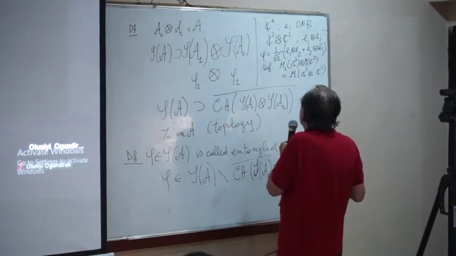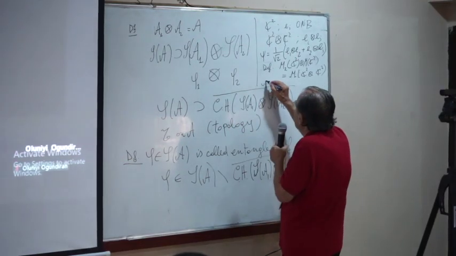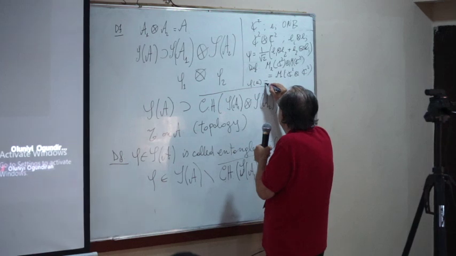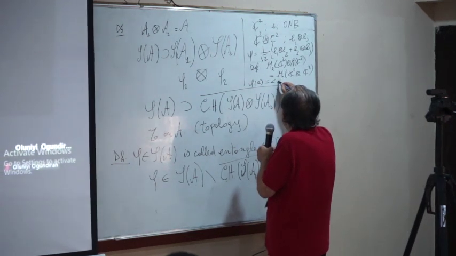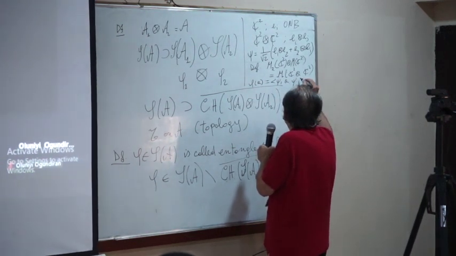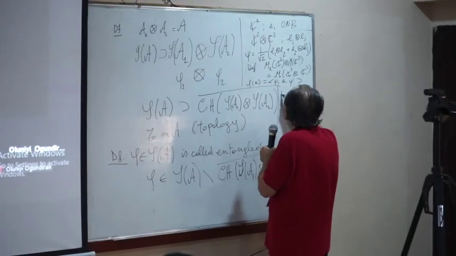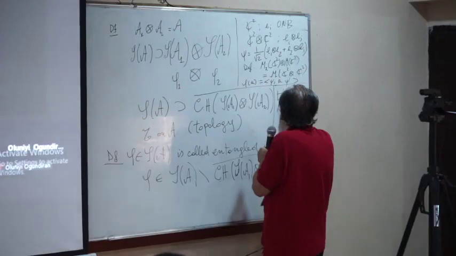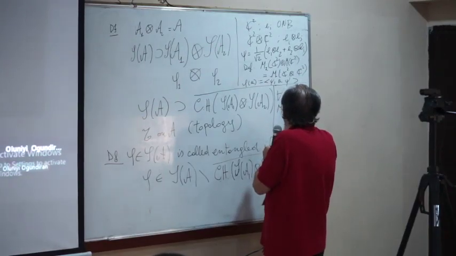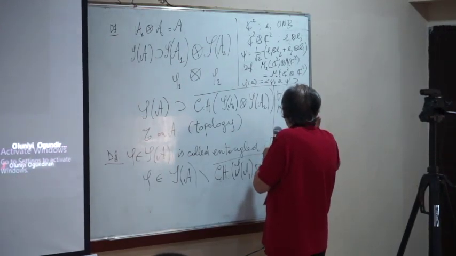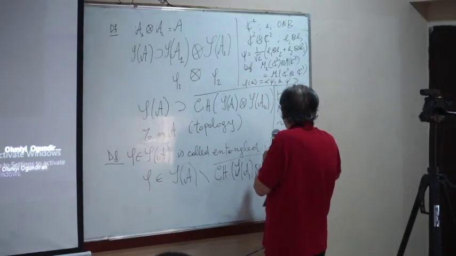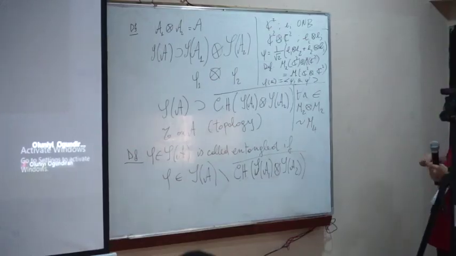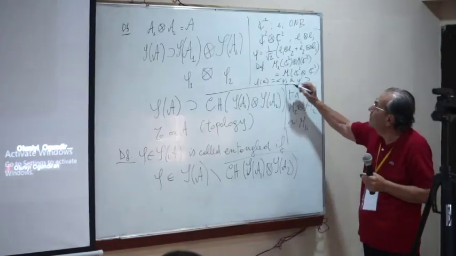Then you define the state phi of A equal, by definition, to psi, A psi, for every A that belongs to M2 tensor M2, which is isomorphic to the 4x4 matrices.